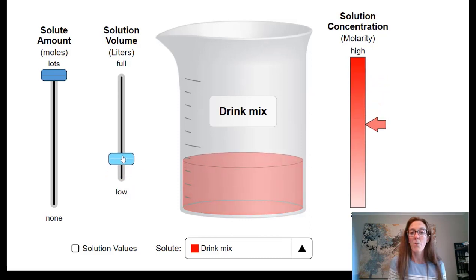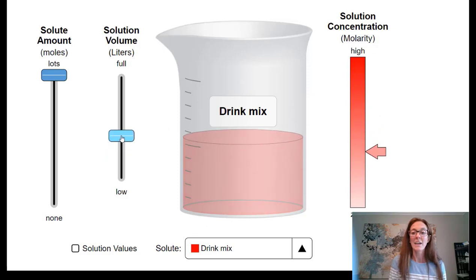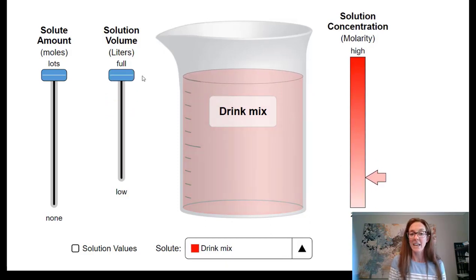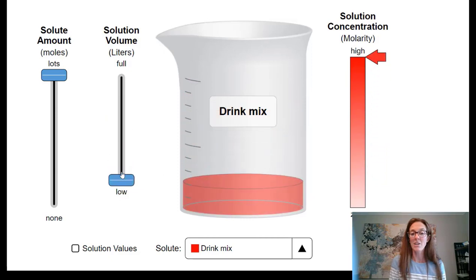If I add more and more and more, it becomes less concentrated. And we can see that it becomes lighter compared to where I started, which was a very dark and very concentrated solution mix.